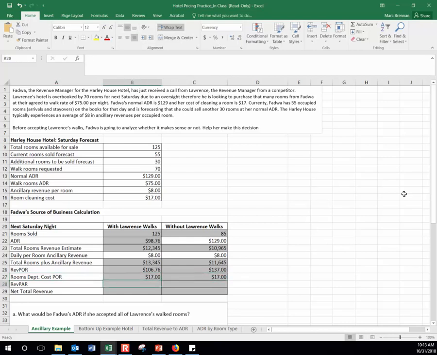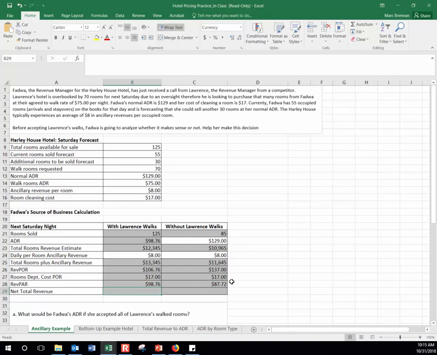Now my revenue per available room, I'm going to divide my rooms revenue, my 12,345, by 125 rooms that are available. So $98.76. I'll do the same now with my rooms revenue without the walks. And I actually have a lower RevPAR, and that's mostly due to the fact that I have lower occupancy.